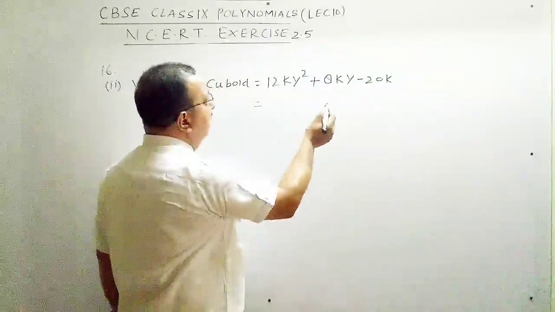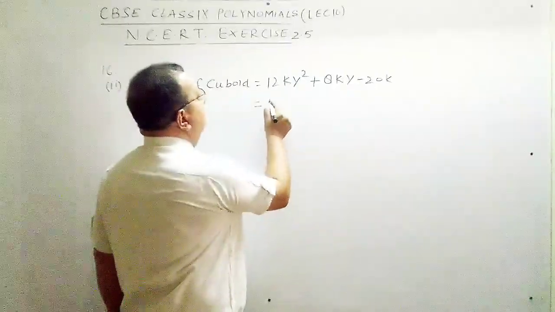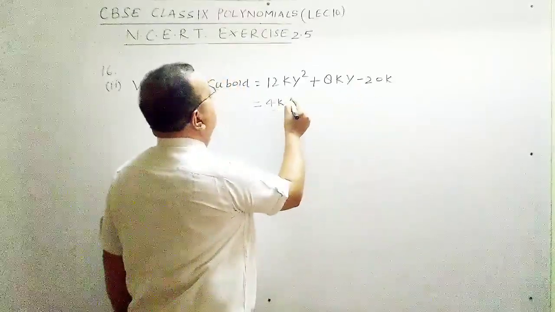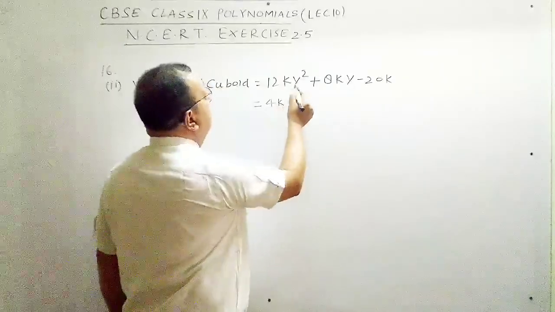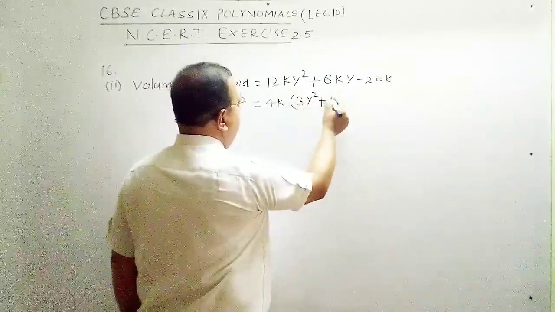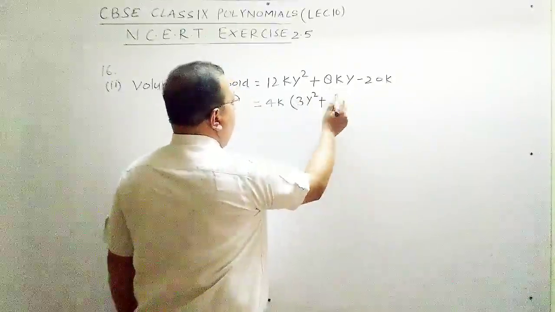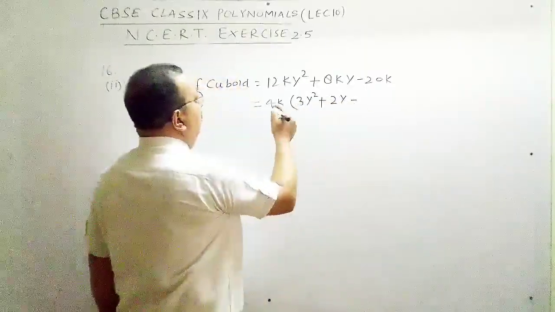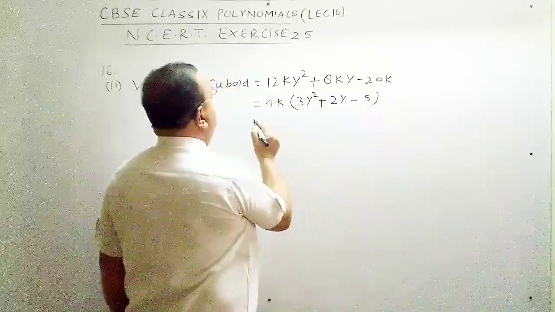From 12, 8 and 20, 4 is common. Then from k, k is common. Now 4 3 is 12, k is outside, y square is left, plus k is common, 4 2 is 8, k is common, y is left, minus 4 5 is 20 and k is outside.